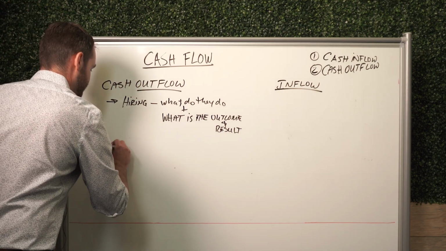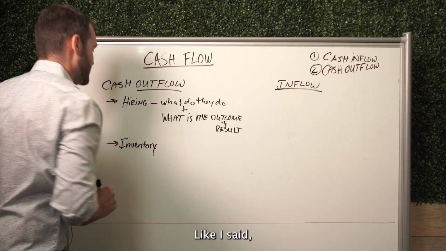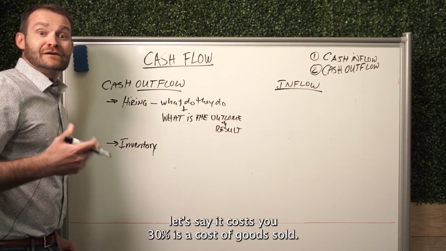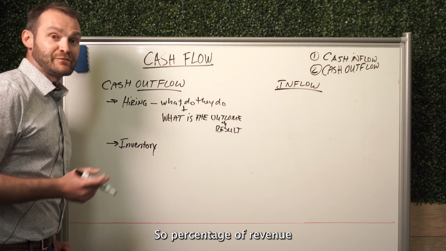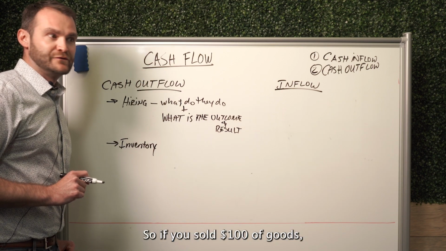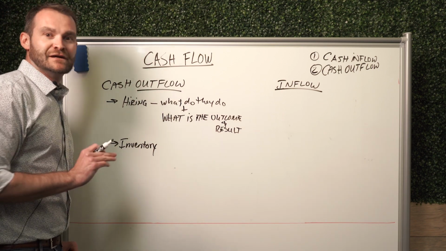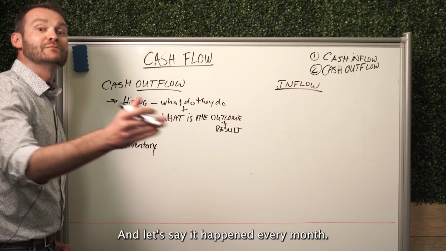Inventory. Like I said, let's say it costs you 30% as a cost of goods sold. It's a percentage of revenue for inventory. So if you sold $100 of goods, your inventory COGS is going to be $30. And let's say it happened every month.